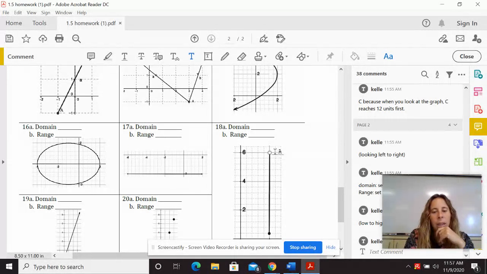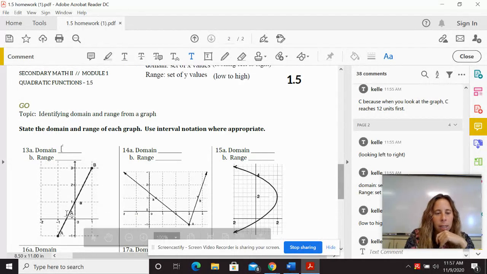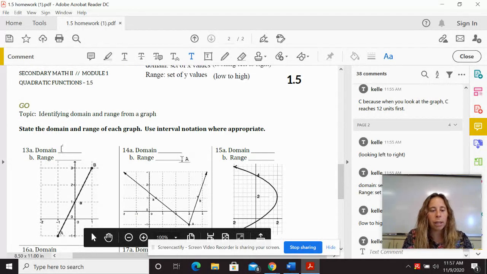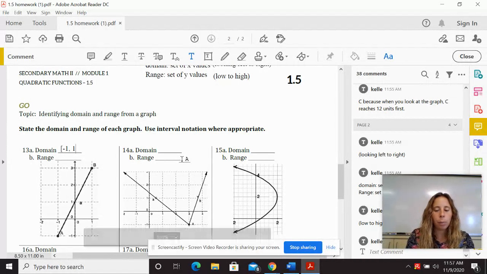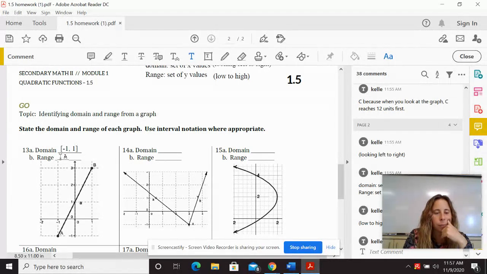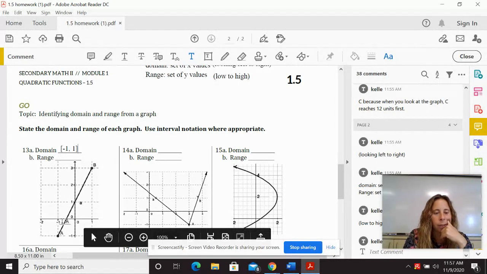However, for these, there's no hole, you use brackets. So it's from x equals -1 to x equals 1. We don't write the y values for domain. Domain is only the x. From -1 to 1.